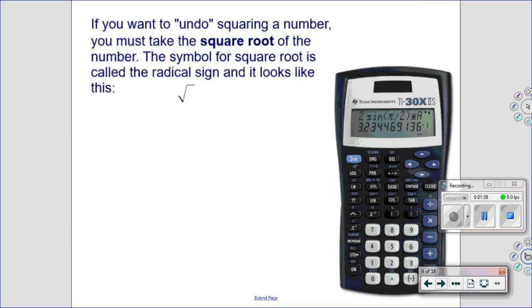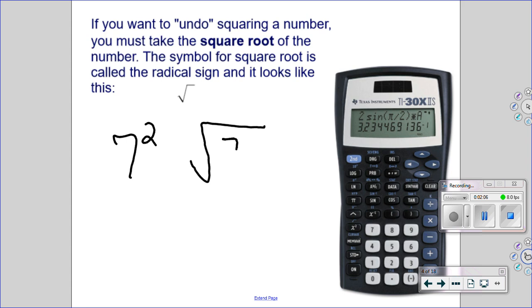We did say that we won't necessarily be using the calculators all the time, but we do want to show you where on the calculator you could do square root. If you want to undo squaring, like getting rid of 7 squared, you have to do the opposite of squaring, which is to take the square root.